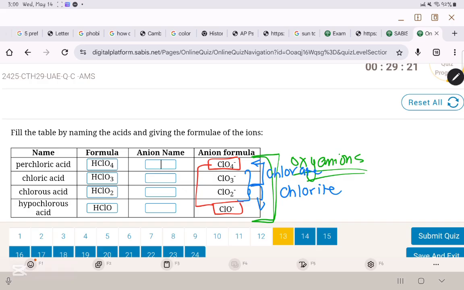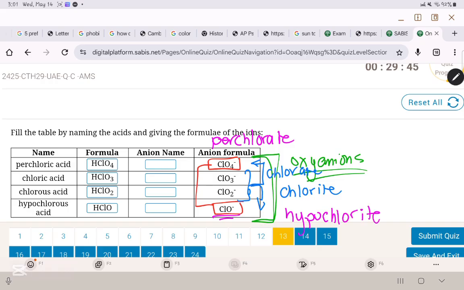Now for the one with the most oxygen, it's going to get a prefix of "per." You put then its root "chlor," and it will take the ending of "ate." So perchlorate. However, for the one with the least oxygen, it's going to take a prefix of "hypo," then the root "chlor," and then the ending "ite."